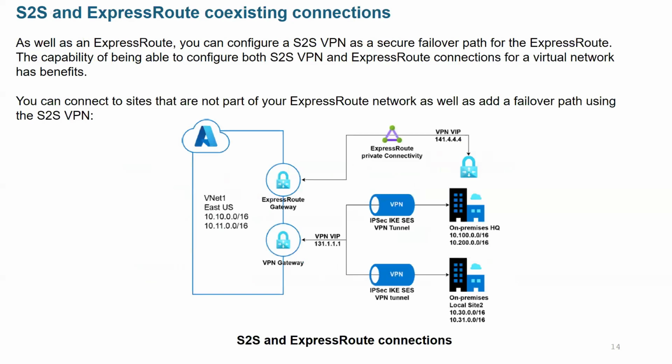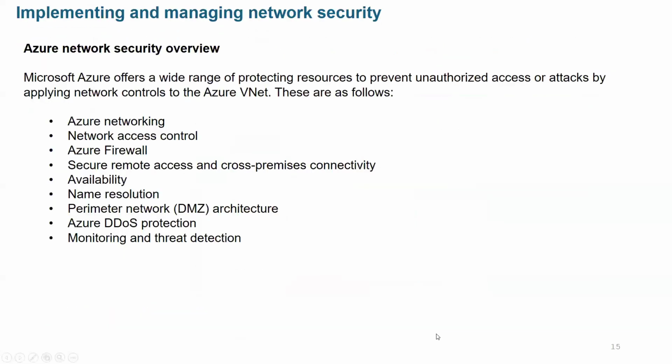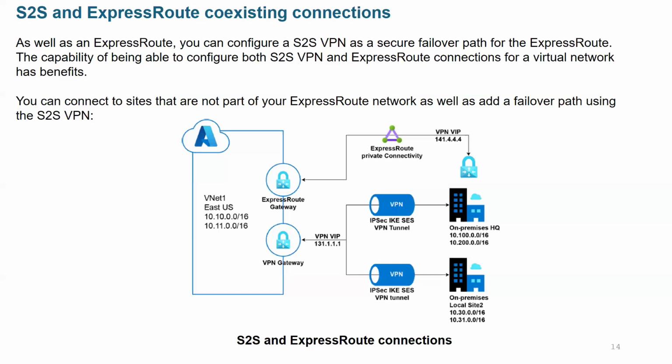So site-to-site and ExpressRoute connections here. Here is ExpressRoute and site-to-site. They configured everything, right? One moment. Okay. Stop now. So my screen is okay. Along with ExpressRoute, you can configure site-to-site VPN as a secure failover path.